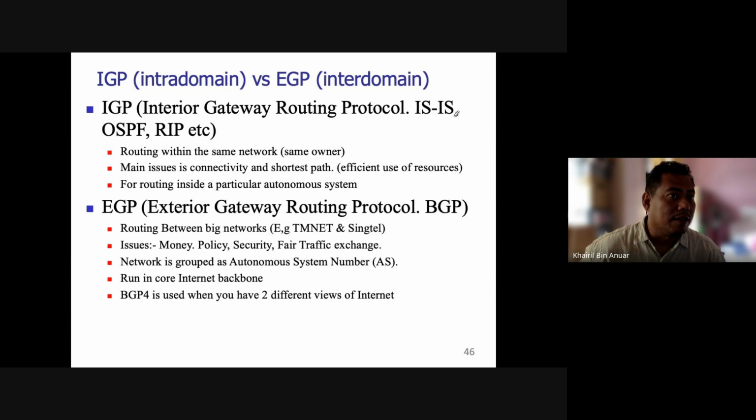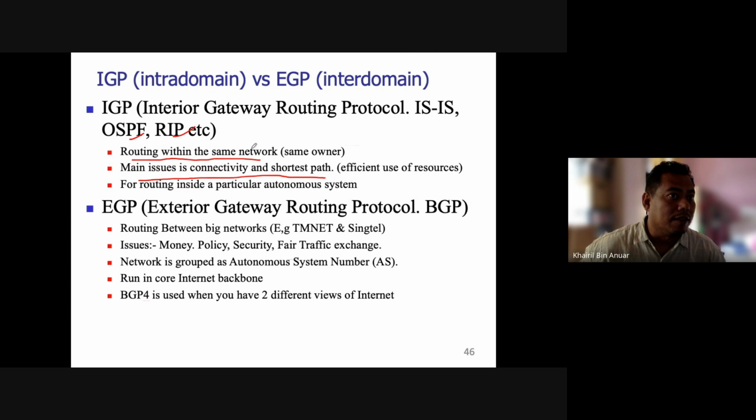For instance, you have IS-IS, OSPF and RIP. We didn't mention IS-IS, but we already mentioned OSPF and RIP. The definition of IGP or intra-domain is routing within the same network. The main issues are connectivity and the shortest path, because we want efficiency within this network, and routing inside a particular autonomous system.